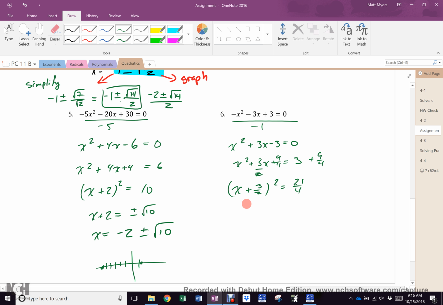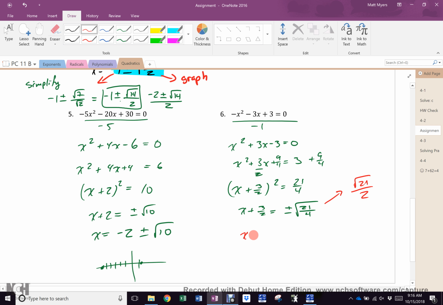And then square root both sides, x plus 3/2 equals plus or minus root 21/4, which is, of course, root 21 over 2, right?